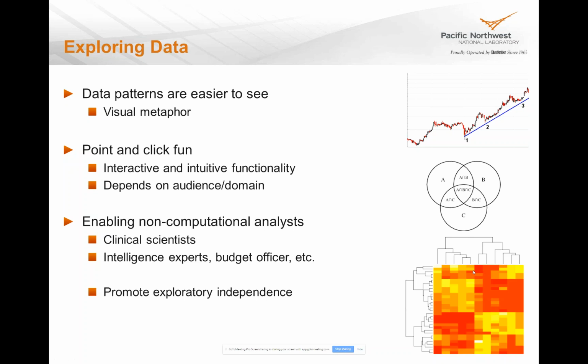This is a heat map, and talks about similarities at a very detailed level in between different pieces of data. And the beautiful thing about these visual metaphors is that they already begin to convey information that prods us to new questions.